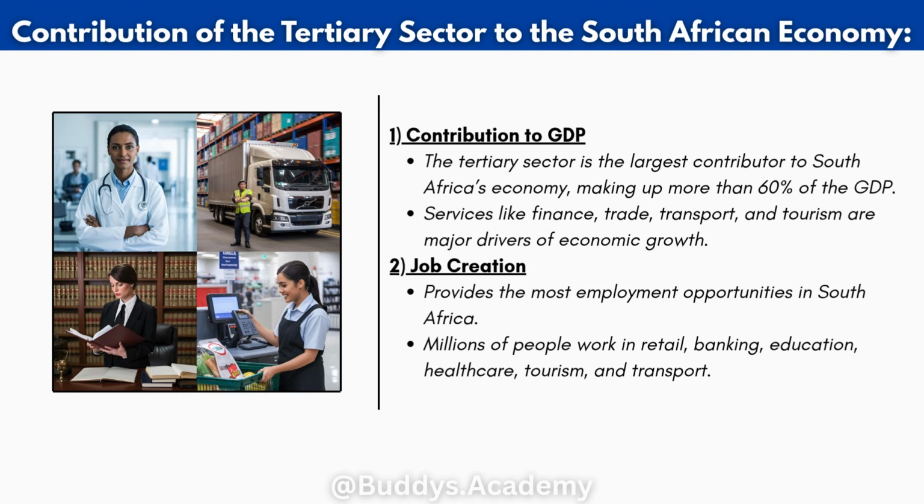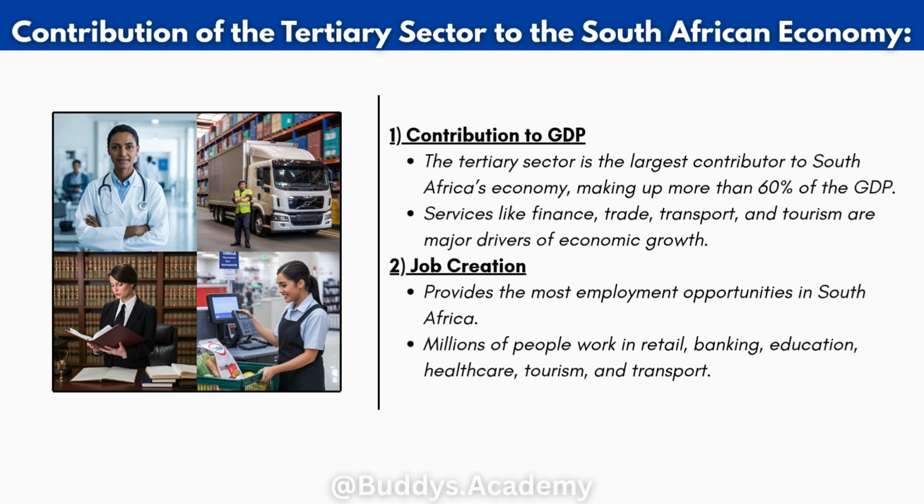Now, another important factor would be the contribution of the tertiary sector to the South African economy. So what is the first contribution of the tertiary sector to the South African economy? Firstly, you're going to have a contribution to the GDP. The tertiary sector is the largest contributor to the South African economy, making up more than 60% of the GDP. Because remember, most people are working in the tertiary sector.